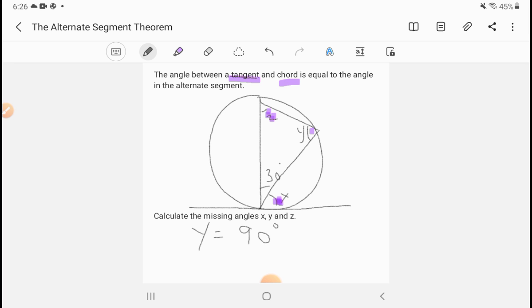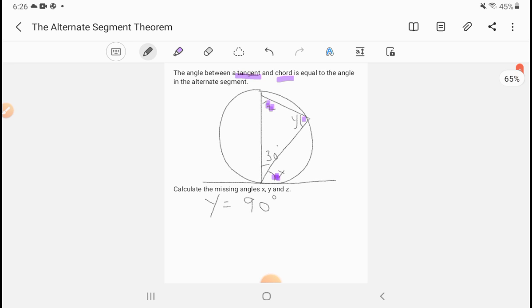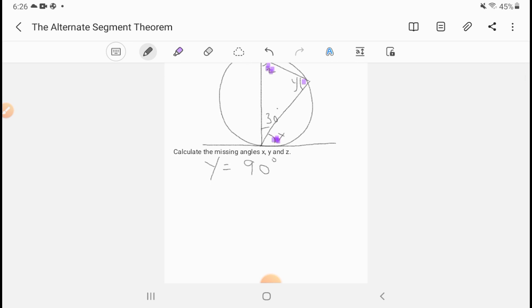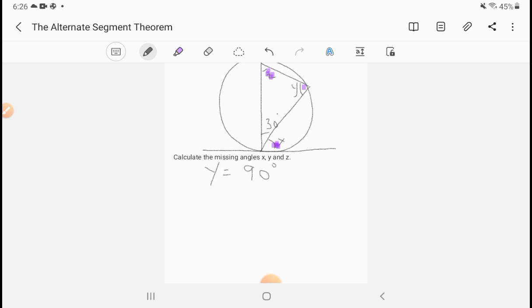Now we know that this is a triangle, so the angles within a triangle must always be equal to 180 degrees. That's something that we know and that we should have known for a while. So calculating Z should be pretty simple, because now we know that in our circle so far, this angle here at the bottom is 30 degrees.